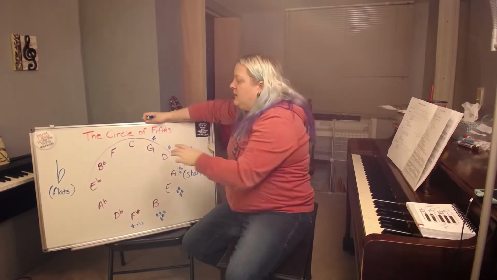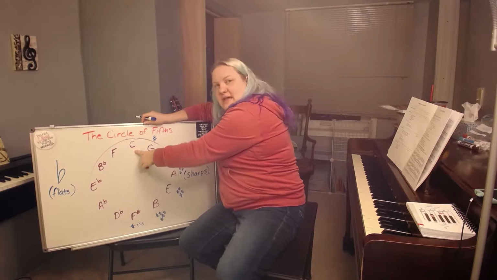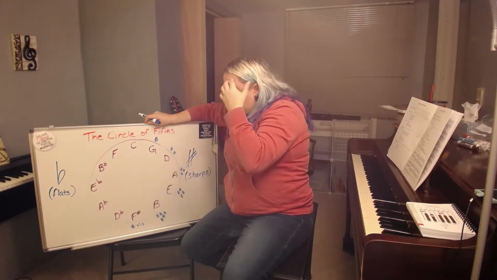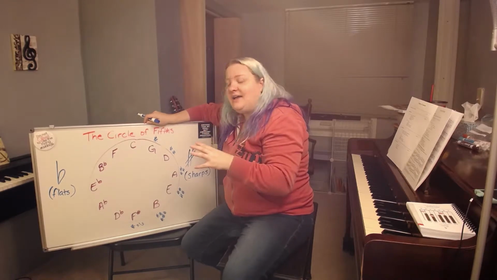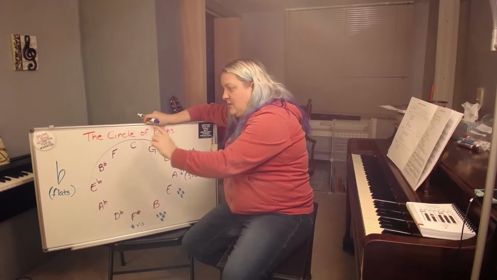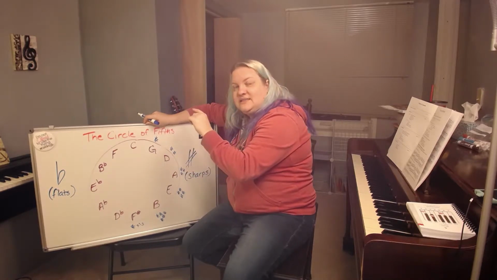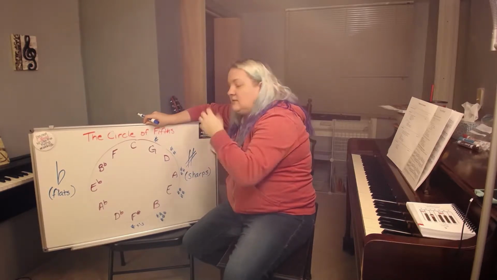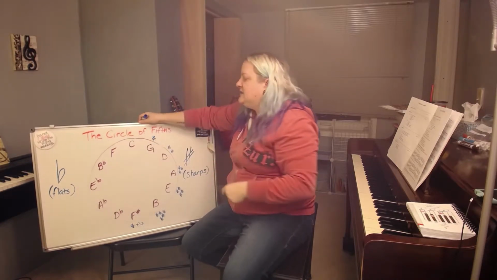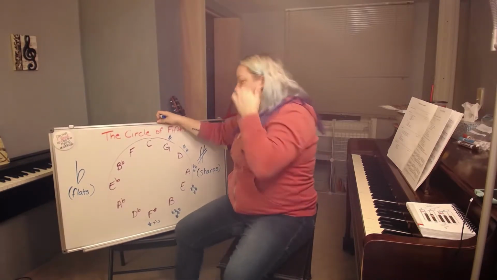Like I said before, C is actually neutral. It has no flats, no sharps. So when we move to the flats, we're not going to continue clockwise. We go back to C, and I go to the left when I'm counting the number of flats.